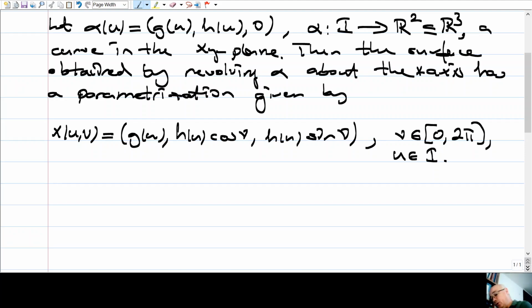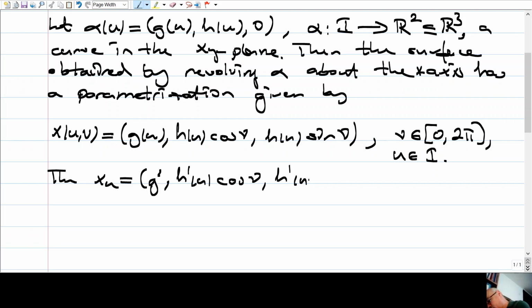Well, let's compute the partial derivatives then. So what are the tangent vectors along the u and v direction? So they are just the derivative with respect to u. I'll just take the derivative of each coordinate with respect to u. So this is g prime, and then h prime u cosine v and h prime u sine v.